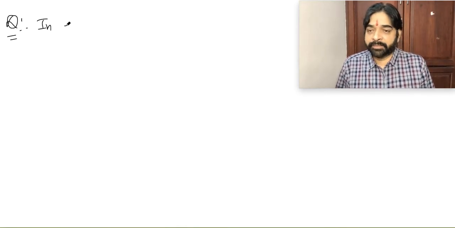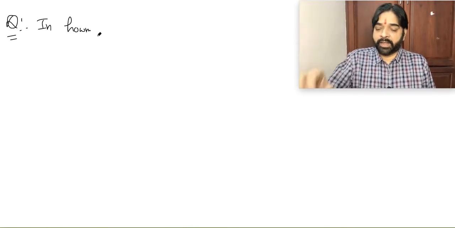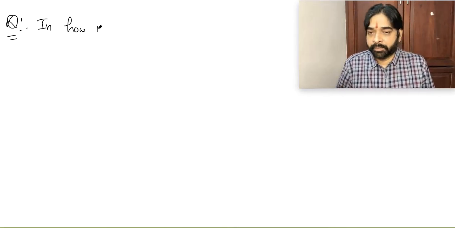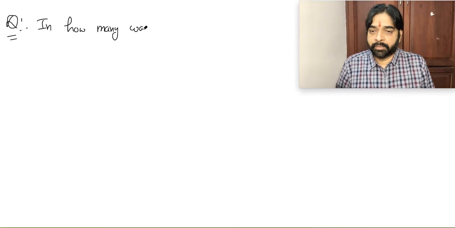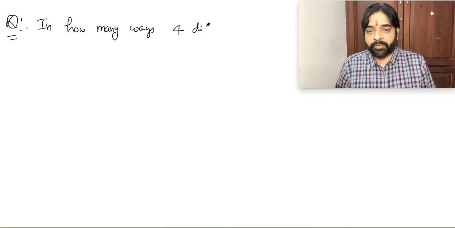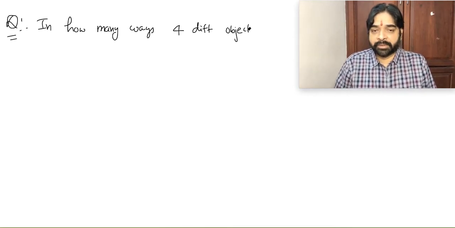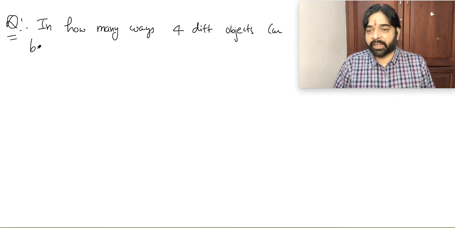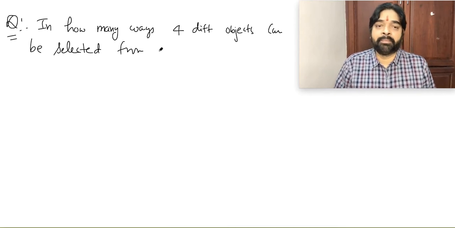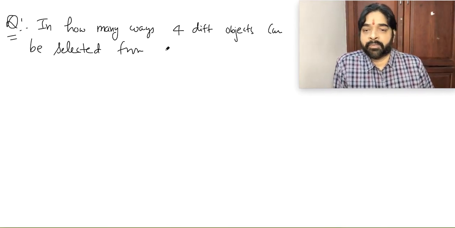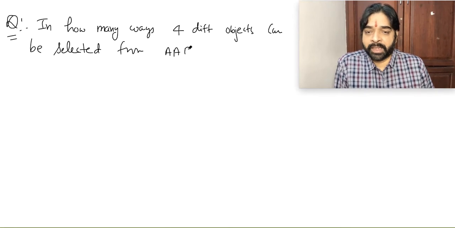In how many ways can four different objects be selected from A, B, B, B, C, C, C, C, D, D, D, E, F, G?